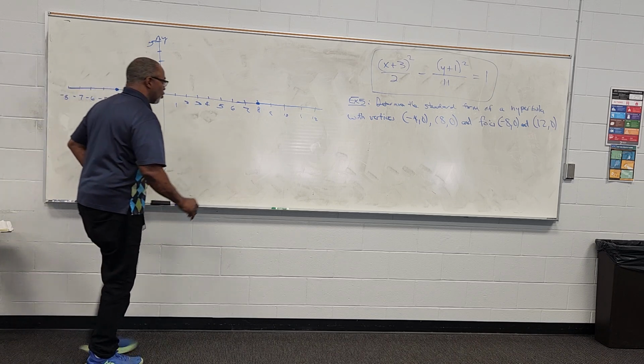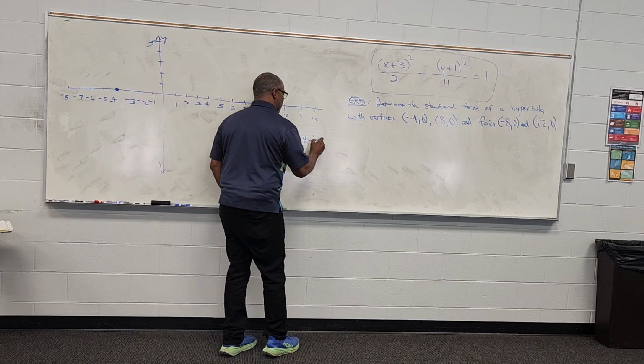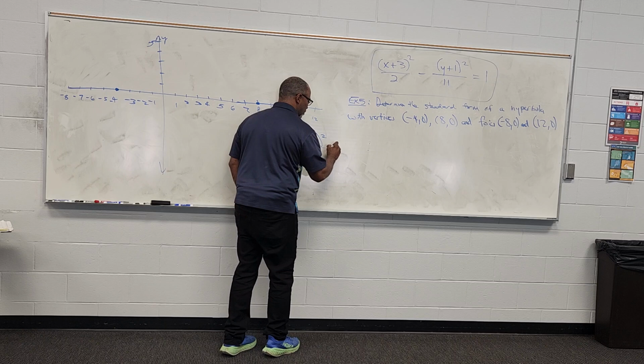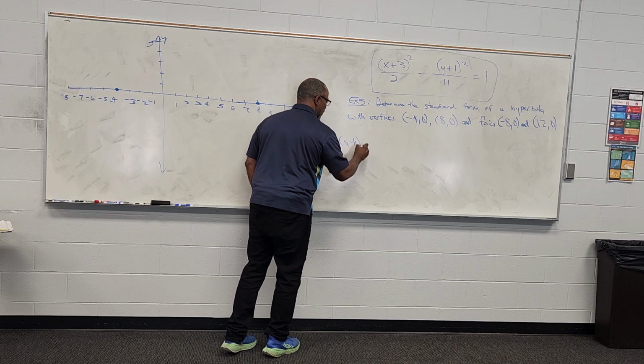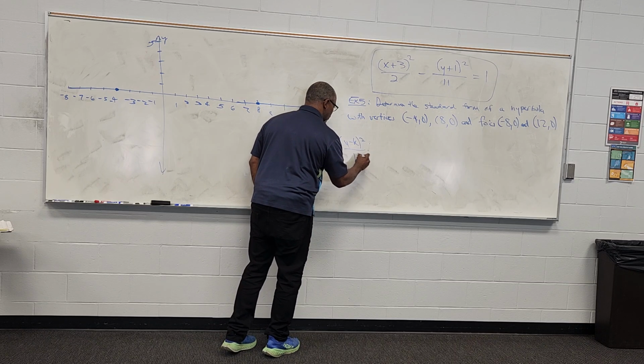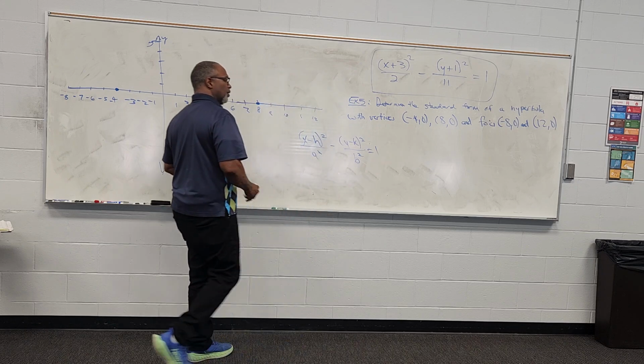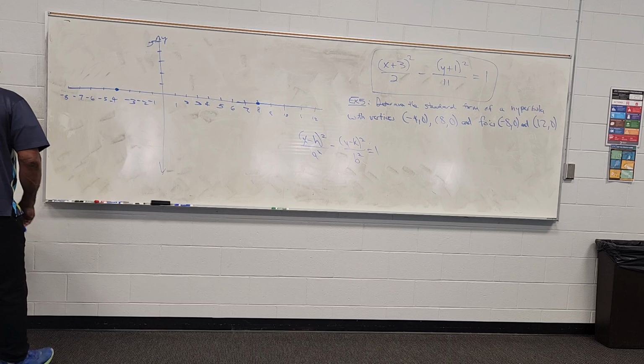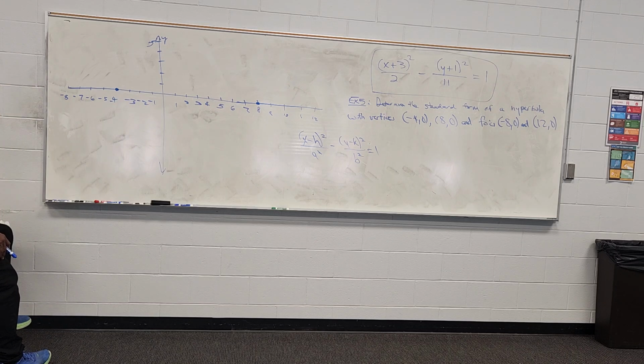So I know my form of the equation has to be (x minus h) squared over a squared, minus (y minus k) squared over b squared, equals 1. That's the equation for a hyperbola when the transverse axis is horizontal, okay?